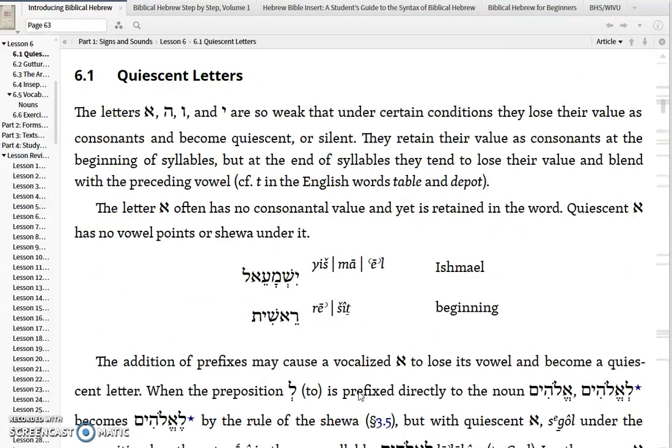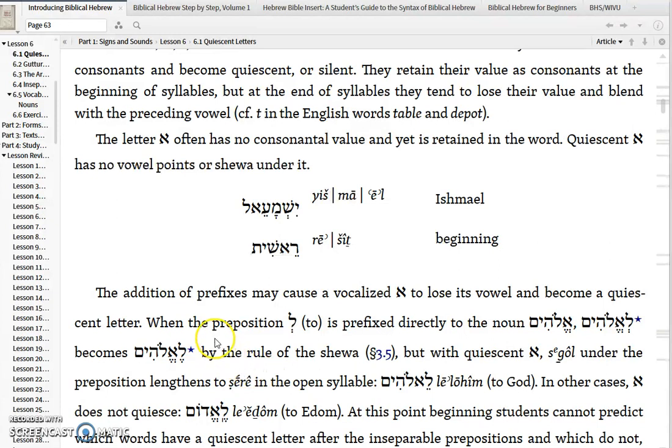So, for example, here you have the word Yishmael. Well, what you should have had, or at least what you originally had, would have been some sort of a shavah under the ayin.